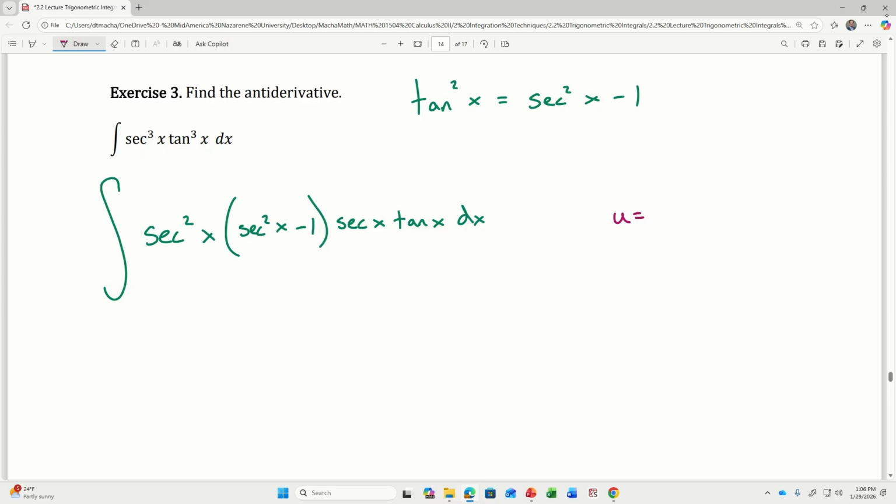So if I choose u equals secant, then du becomes secant times tangent dx. And that's exactly why I wanted to leave behind one tangent factor, so that a secant times a tangent can be part of the du during the u substitution.